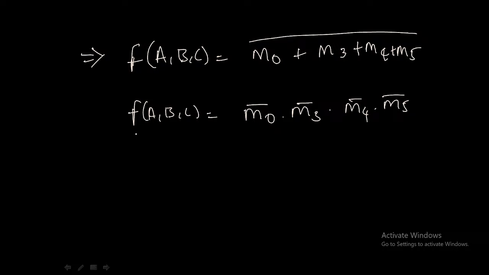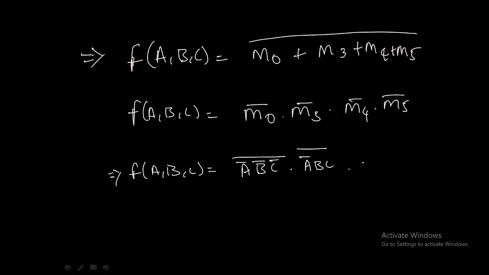Okay, next. Writing the standard POS term corresponding to each min term, F of a, b, c can be written as (a bar b bar c bar) whole bar into (a bar b c) whole bar into (a b bar c bar) whole bar into (a b bar c) whole bar.